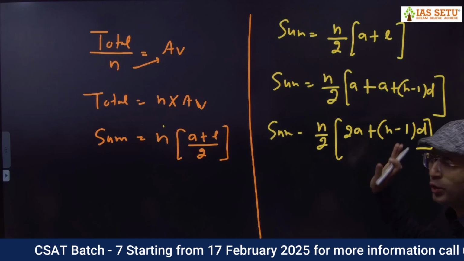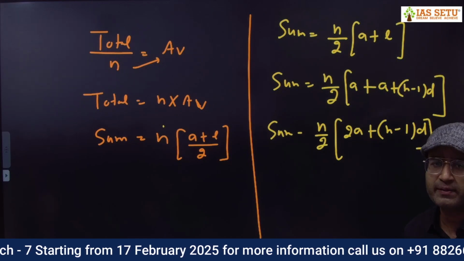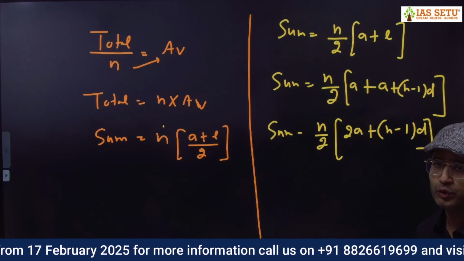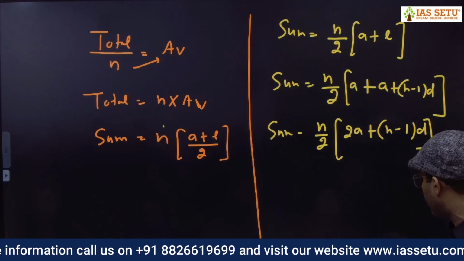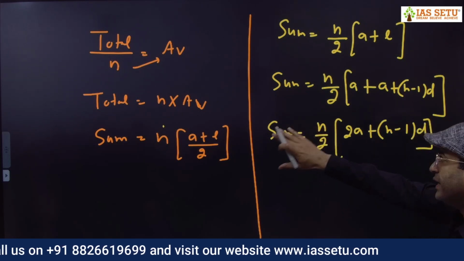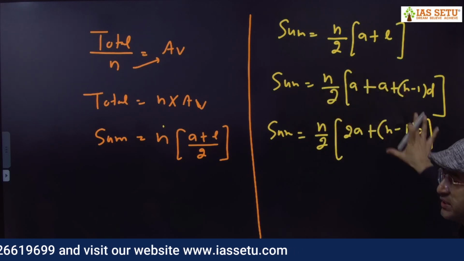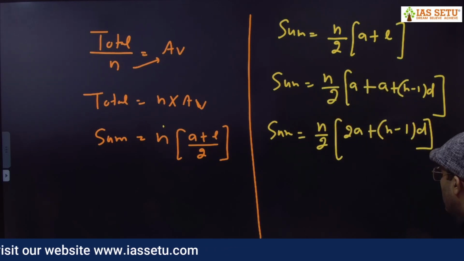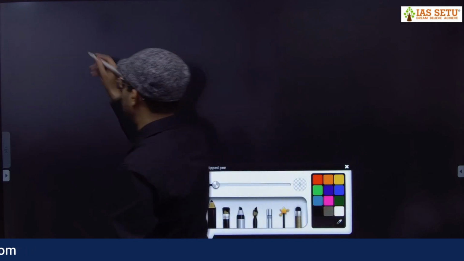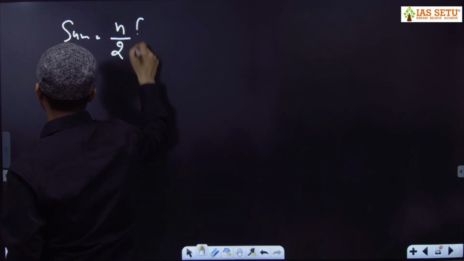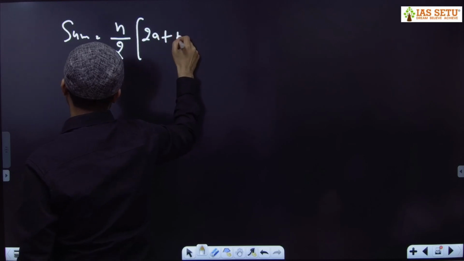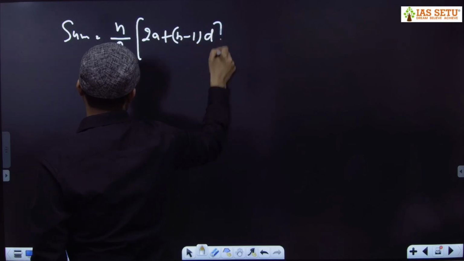This is important. 95% of questions, this formula will help you. But my point is you remember two formulas for the sum of an AP. I told you the derivation, but we have to mug up the formula as well. So one formula you have to remember is n by 2 (2a plus (n minus 1) into d).